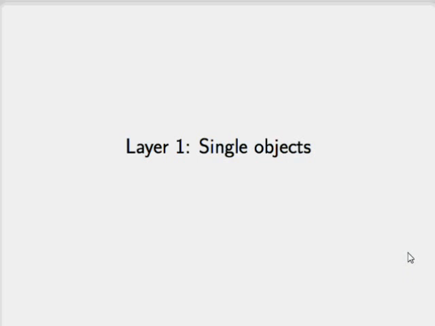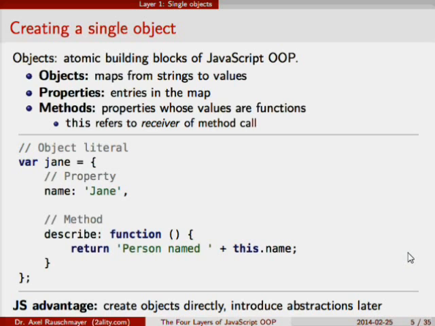Let's get started with layer 1, single objects. In JavaScript, objects are the atomic building blocks of object-oriented programming. Basically, they are maps from strings to values, and the entries in these maps are called properties.